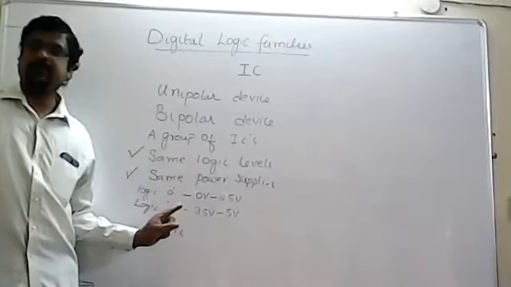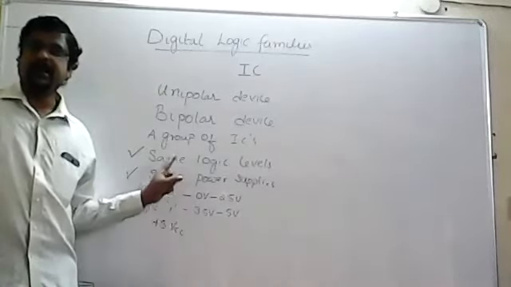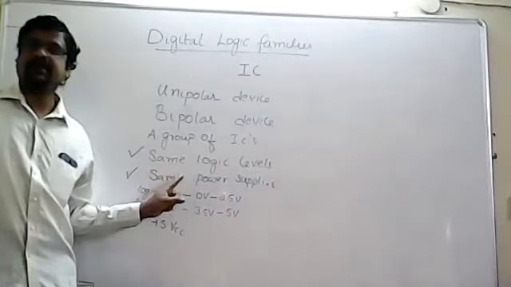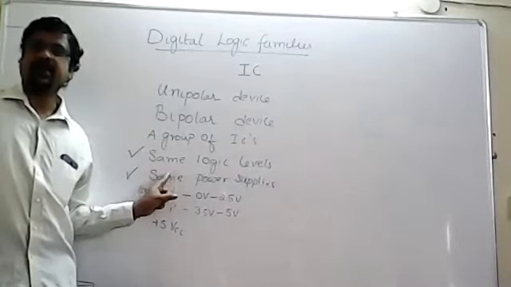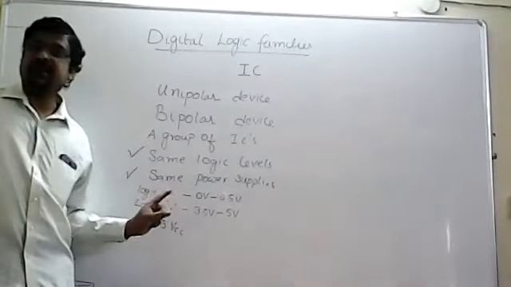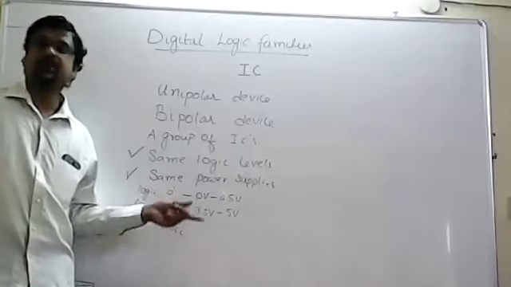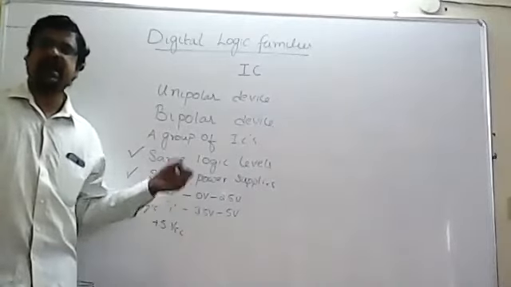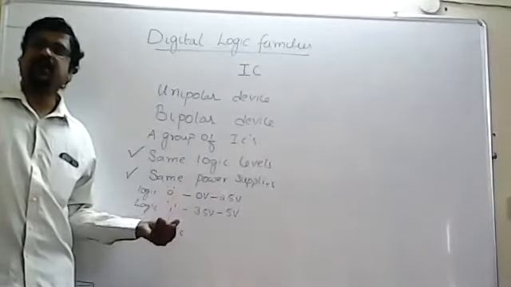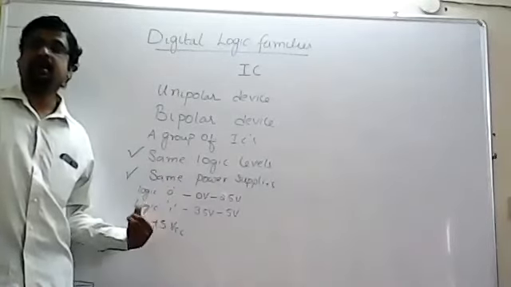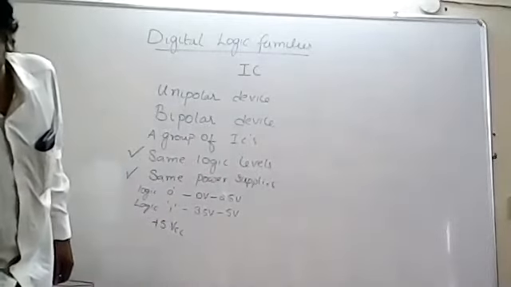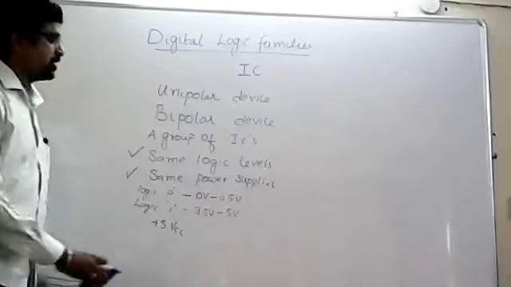Again, I am repeating the definition of digital logic families: a group of similar or compatible ICs having the same logic levels and the same power supplies, which are designed for performing various logical functions. Various logical functions means AND, OR, NOT, NAND. Like that, various logical functions together are called a digital logic family.